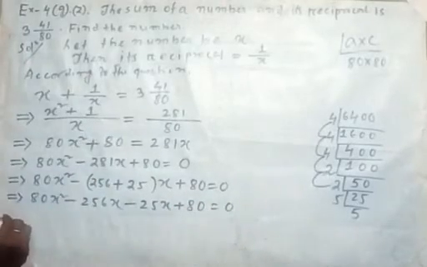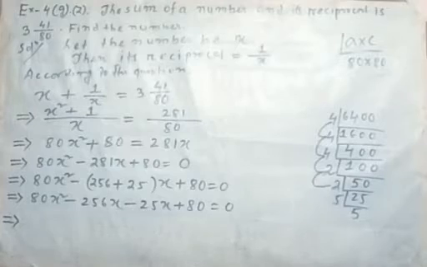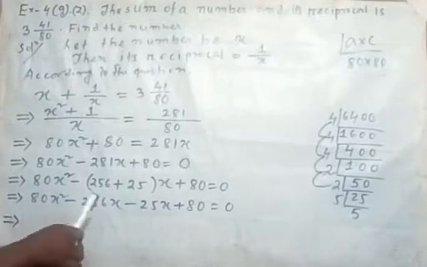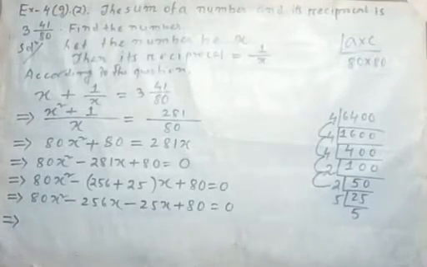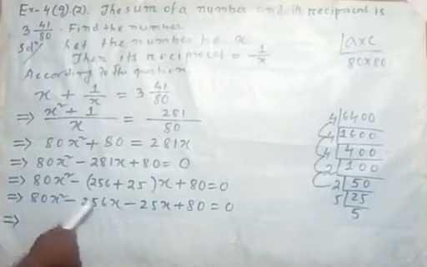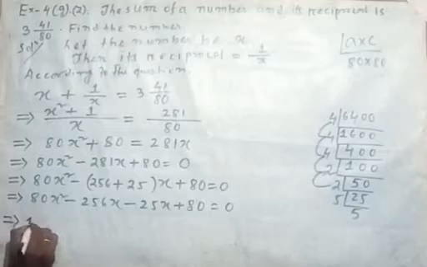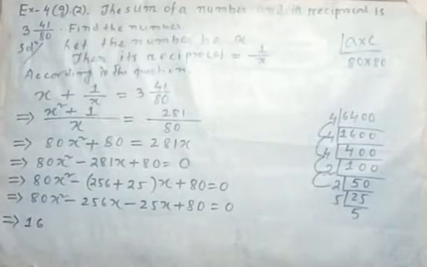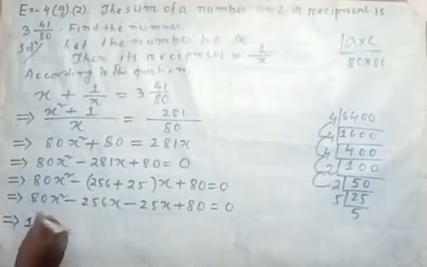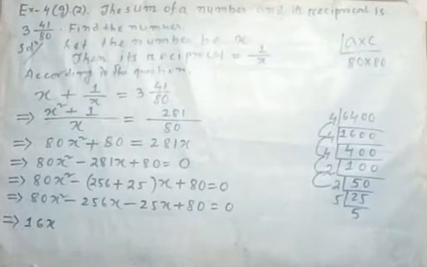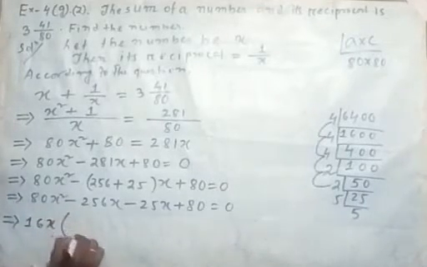0. This implies, now 80 and 256, how much can we take common? We can take common 16. Then x square and x, how much can we take common? x we can take common. Then what is remaining?